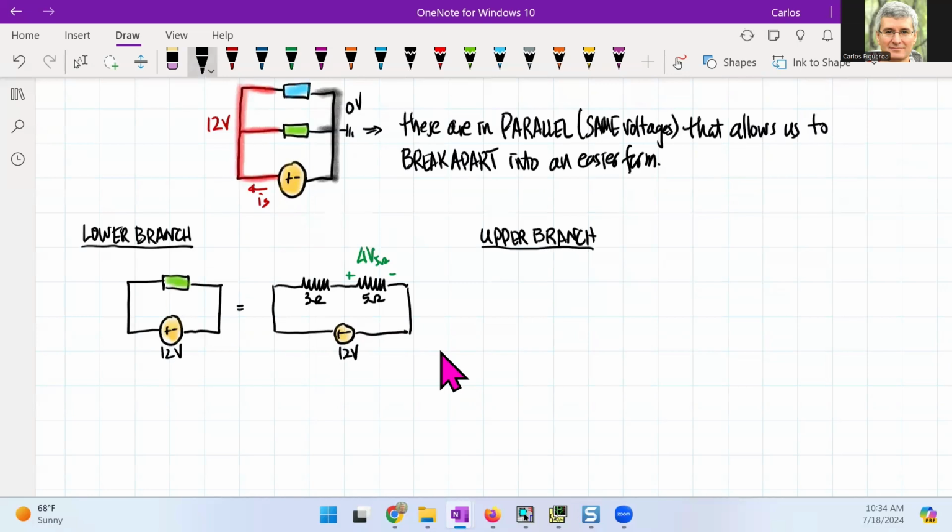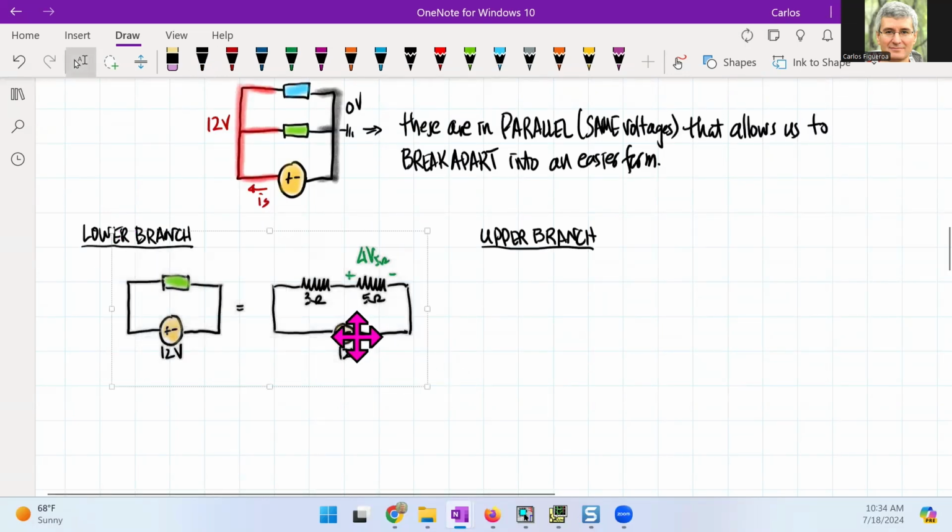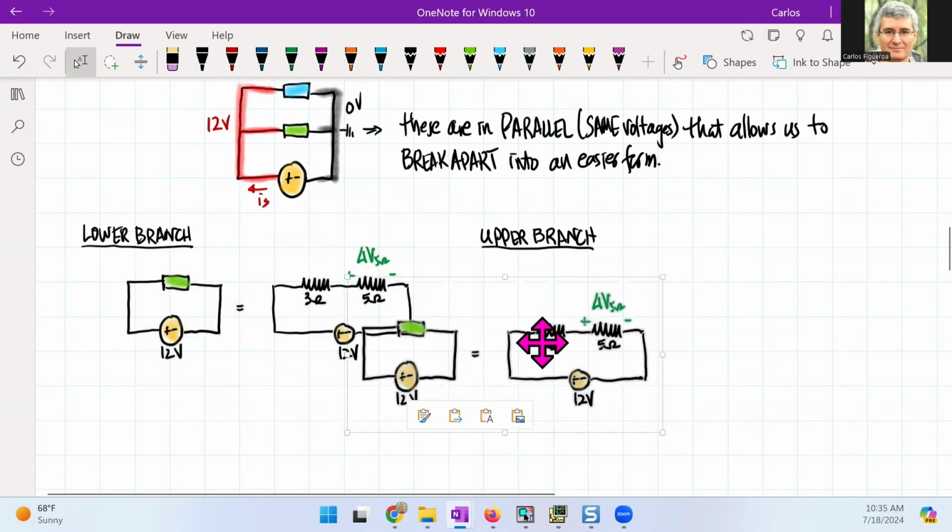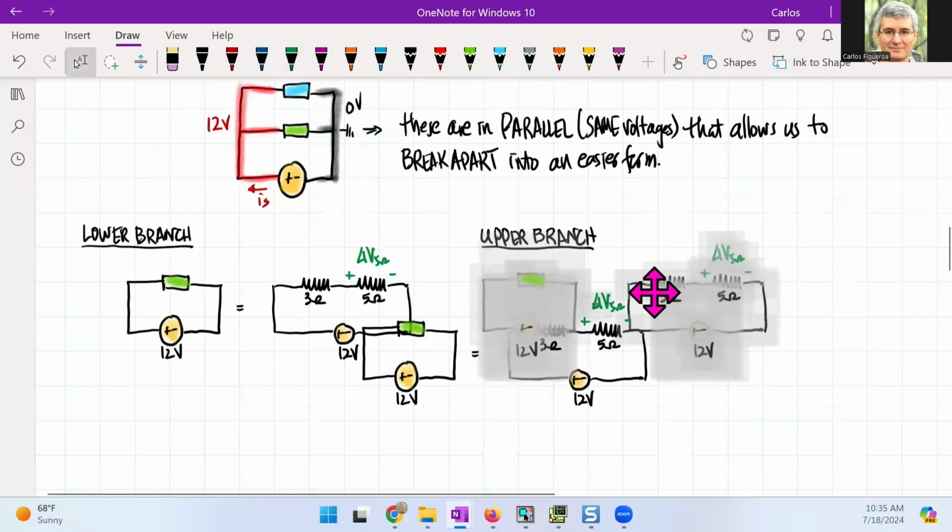You know what? This is the exact same circuit, so I'm going to just copy it and modify it. So if I copy this guy, then I have this thing right here.